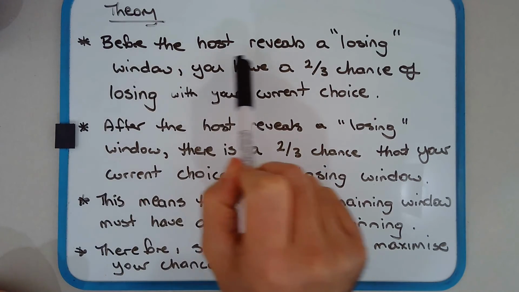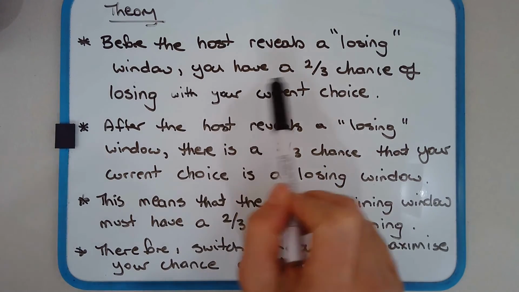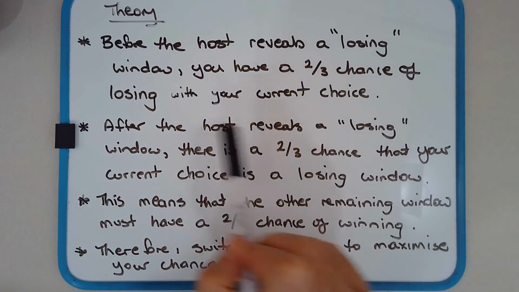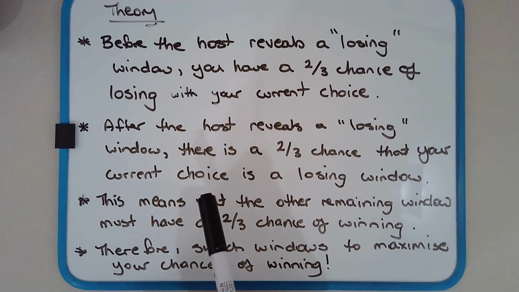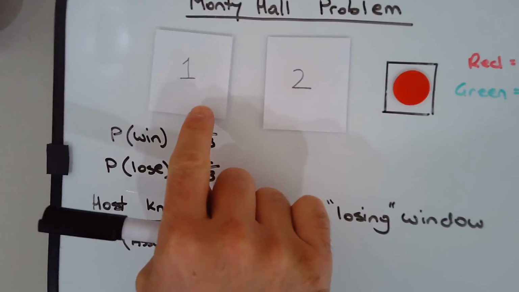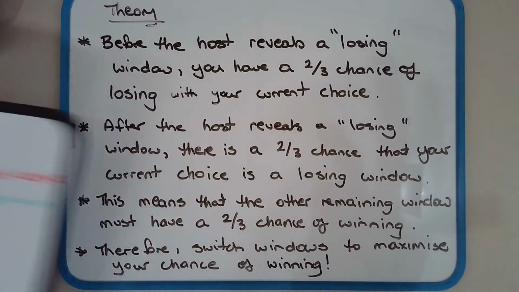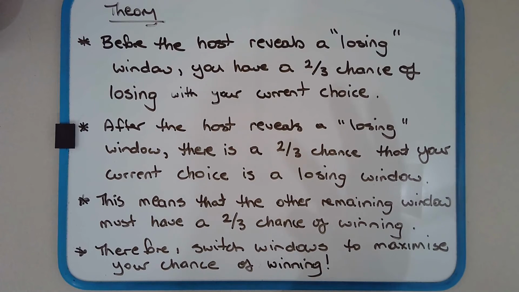Before the host reveals a losing window, we can agree that we have a 2/3 chance of losing with our current choice. I picked window number 1, for example, so I've got a 1/3 chance of winning and a 2/3 chance of losing. There are 3 windows there.